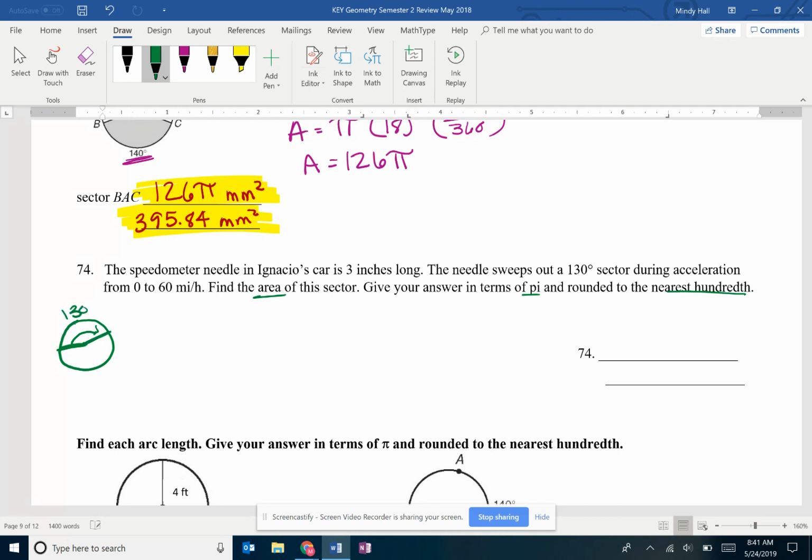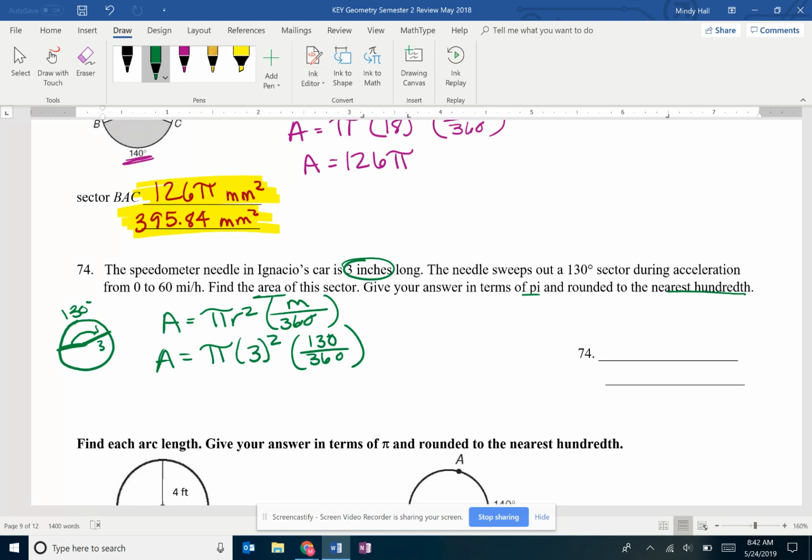So because it's 130 degrees, we know that it's both the angle and the arc. And then they tell us that it's 3 inches long, so that is our radius. So exact same formula as before, pi r squared times your measure of your angle or arc divided by 360. So that'd be pi times 3 squared times 130 divided by 360.